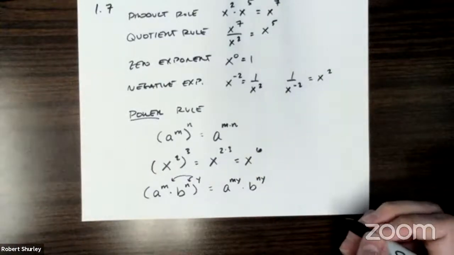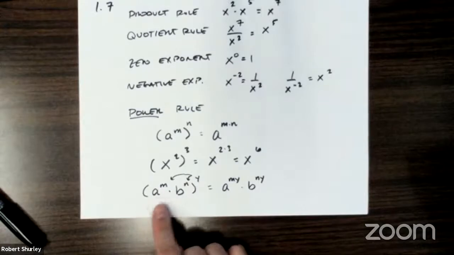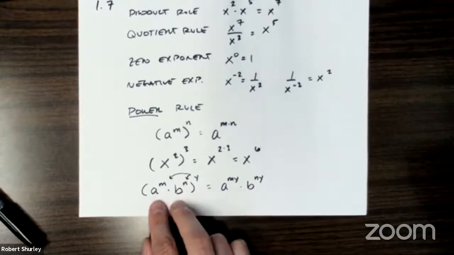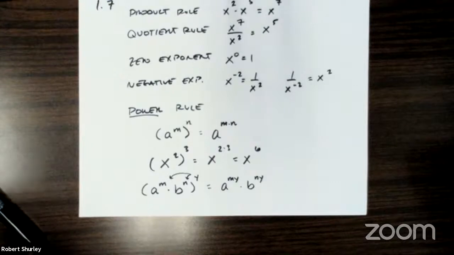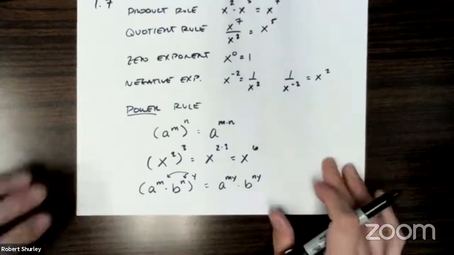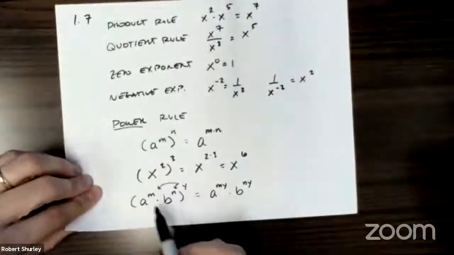If we're multiplying on the inside, we have exponents, and then we're raising the entire term to an exponent. Every exponent on the inside has to be multiplied by it. I'm just rambling today.